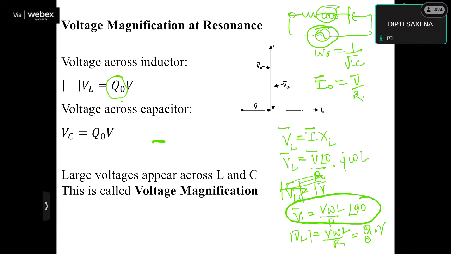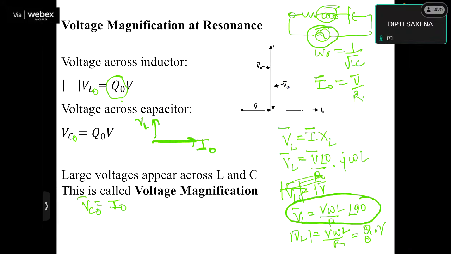So if the current at resonance is taken as the reference phasor, this is your I0, and this will be your VL at 90 degrees. In a similar manner, let us see what VC will be. VC will be equal to the current flowing through the capacitor at resonance.